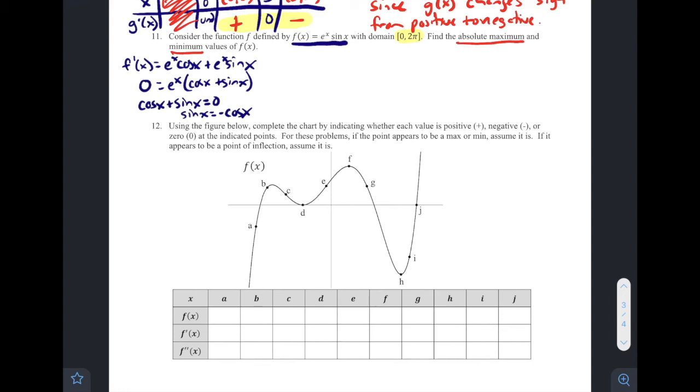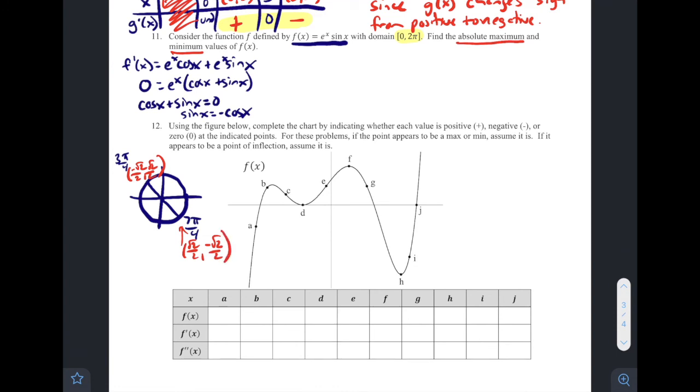And if we think about our unit circle, the only times when the sine and cosine have the same sort of value, if we don't take into account the sign, are going to be pi over 4, 3 pi over 4, 5 pi over 4, 7 pi over 4. And in fact, if we think about our little unit circle here, there are two places, specifically at 3 pi over 4 and at 7 pi over 4, where the values on the unit circle are going to be negative root 2 over 2, comma, positive root 2 over 2, and then positive root 2 over 2, comma, negative root 2 over 2.